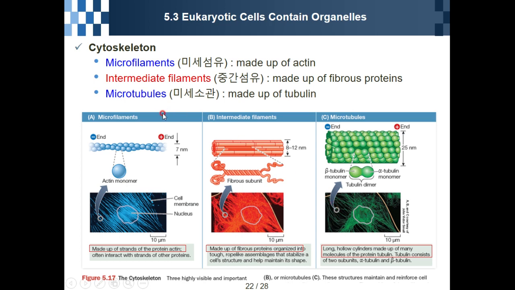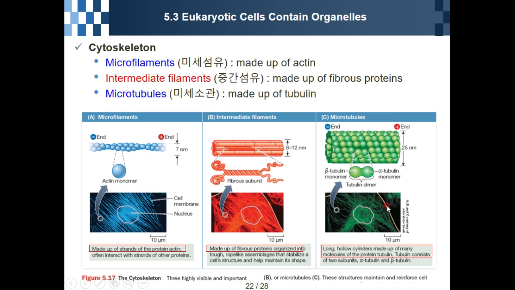Also, there is another component, the microtubule. They are composed of tubulin. When the cell is divided, tubulin has a very important role in cell division. So the microtubule is made up of tubulin, like this.